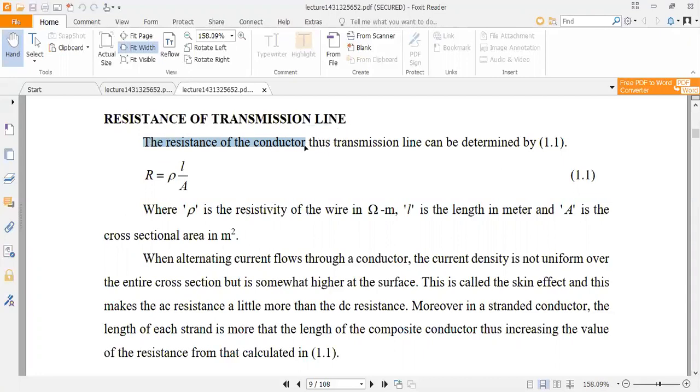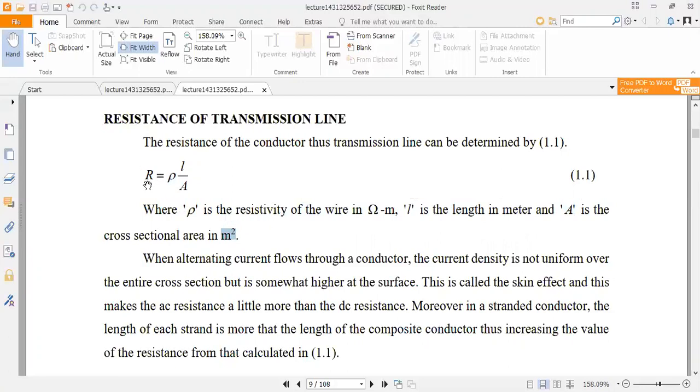The resistance of any conductor of the transmission line can be calculated by equation 1.1, that is R is equal to rho L upon A. Where R is the resistance and rho is the resistivity of the wire, and the unit of the resistivity is the ohm meter, L is the length of the wire measured in meter, and A is the cross-sectional area, measured in meter square.